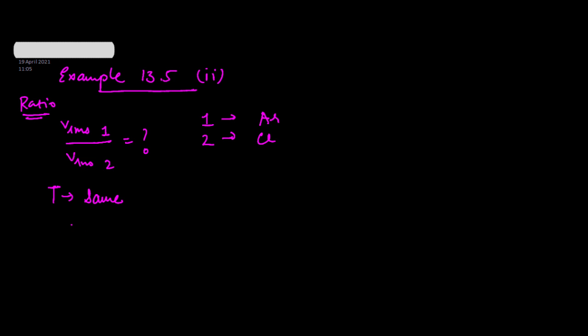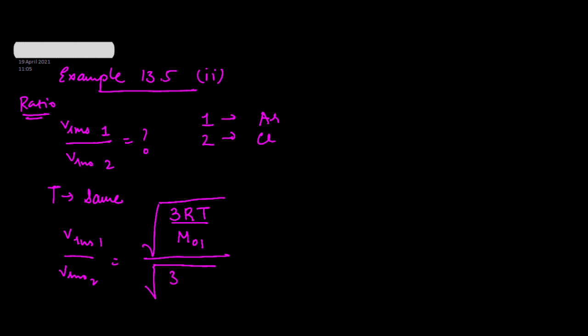We just have to find Vrms 1 upon Vrms 2. What's the formula? Under root, I am going to use the formula with capital M0. I like that formula because it is easy to use in my opinion. Very simple. Temperatures are same. So do you see everything will get cancelled, and this is only going to be M02 upon M01. Okay or not okay?